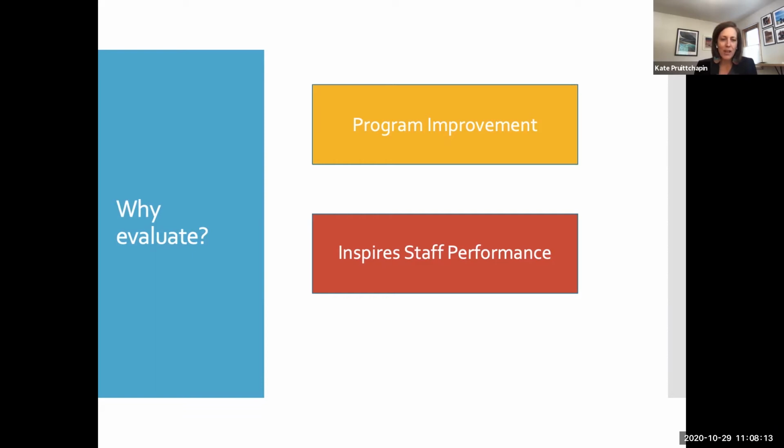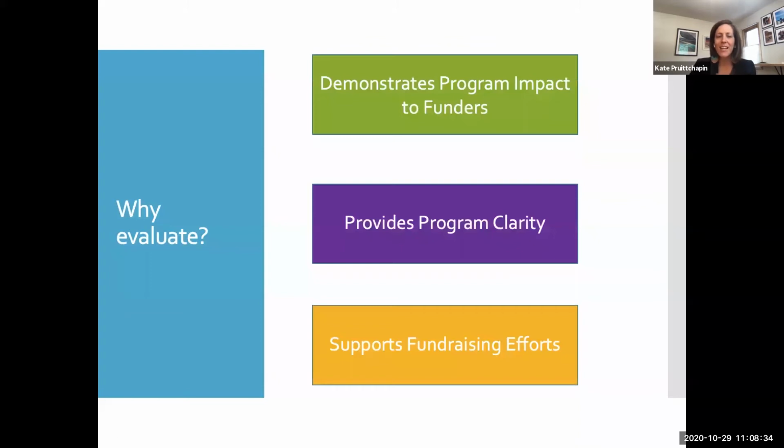Program evaluation can also really inspire staff performance, right? We use our program evaluations to identify those strengths and opportunities. Where is our staff really excelling, and where are areas where maybe we need to provide a little more training so we can better serve our program recipients.